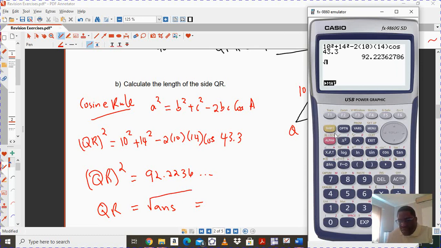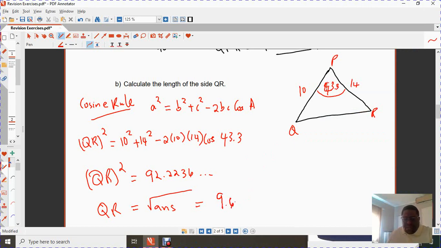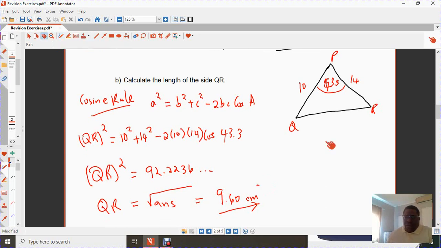Using a calculator, please make sure that you do understand. So I have about 9.60. That is what we are looking for. So it's about 9.60 centimeters, and that is the distance that QR would be.